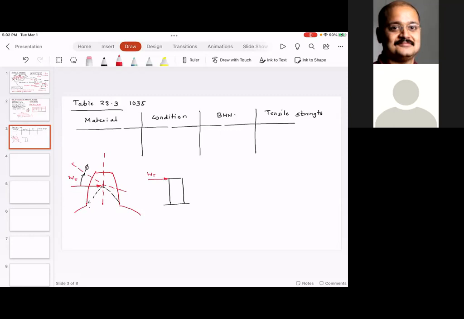This is my first level of approximation. This is the height, which is h. This is the thickness. And if I were to draw the three-dimensional view, this is going to be the width.